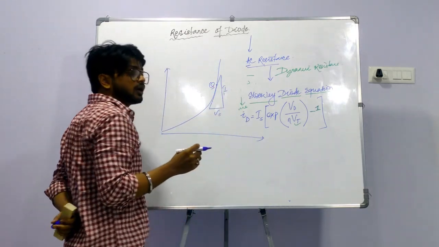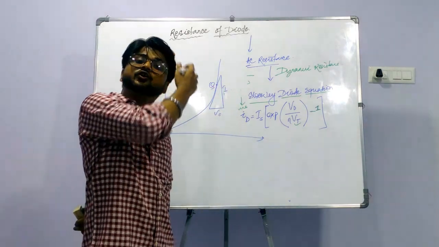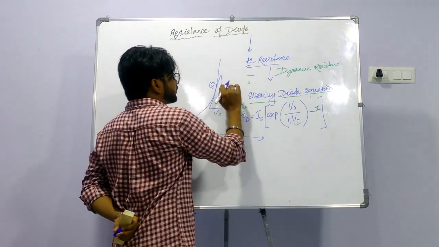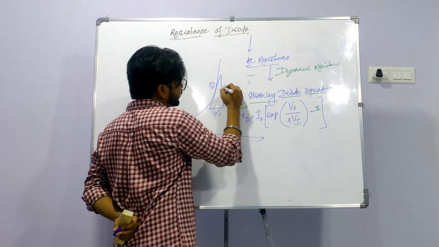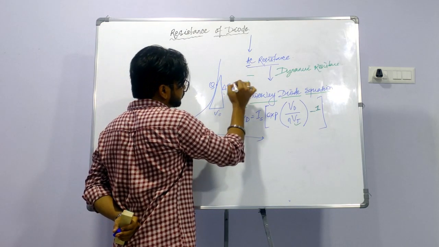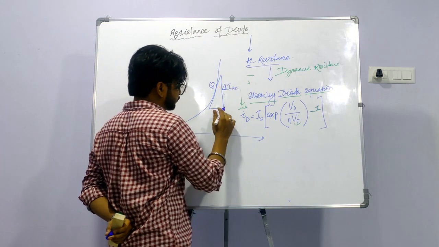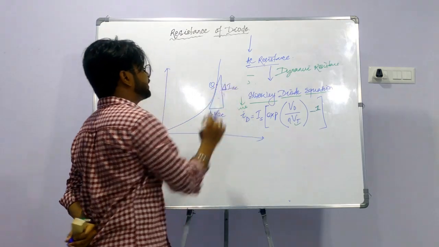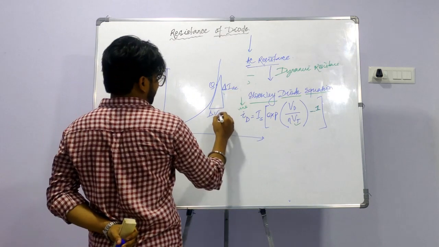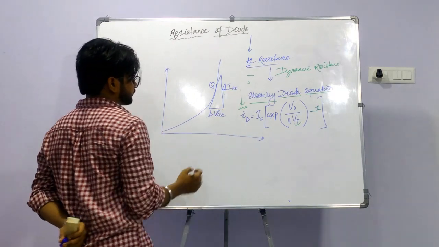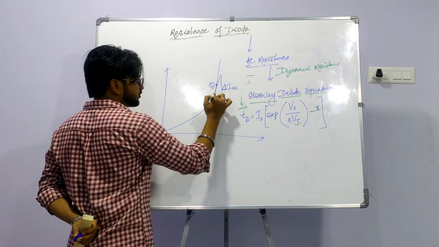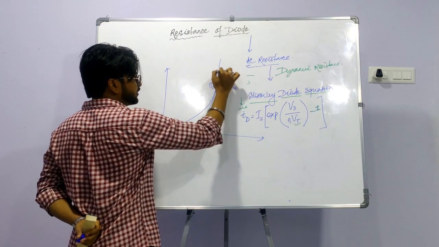To analyze that changing, or dynamic, Q point, we should have a change in current versus a change in voltage, which is given by del IAC and del VAC, as this Q point constantly changes in this range.